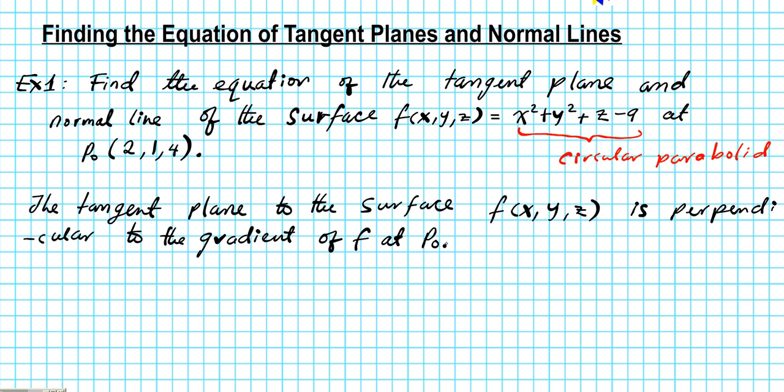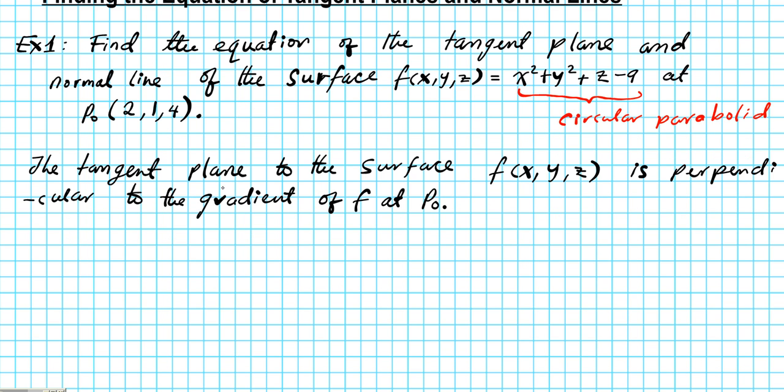So at whatever particular point you pick, the tangent plane to that surface at that point is always going to be perpendicular to the gradient. So in essence, the gradient is the normal vector that we're going to use to generate the equation of the tangent plane.